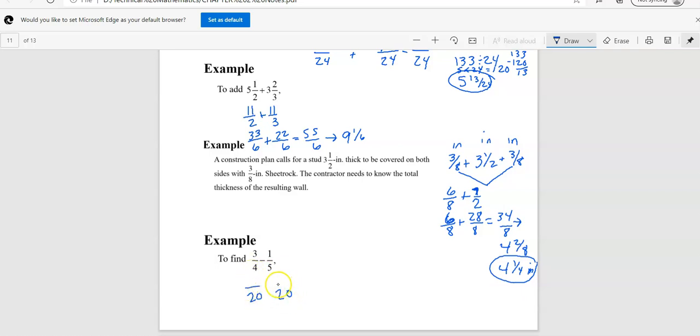You'd ask yourself, what do we multiply 4 by to get 20? 5, so 5 times 3 gets me 15. What would I have to multiply 5 by to get 20? 4, and 4 times 1 is just 4. So 15 take away 4 is 11 20ths, right? Okay, and that won't reduce.